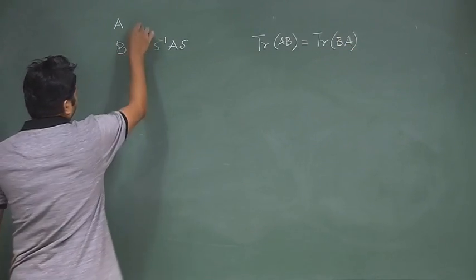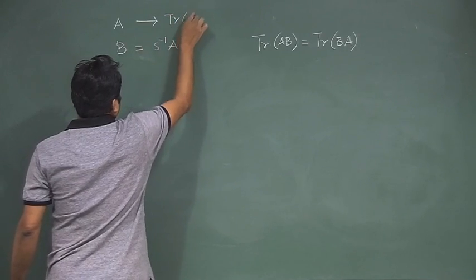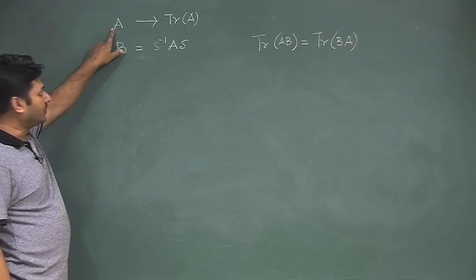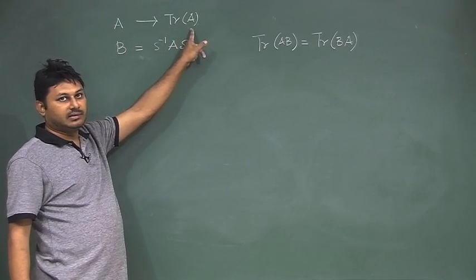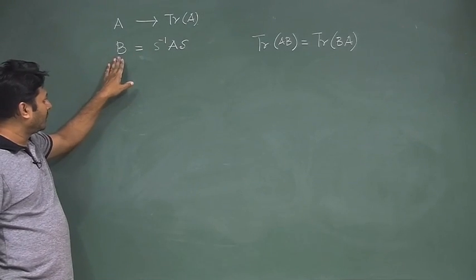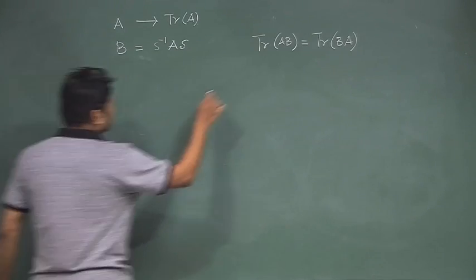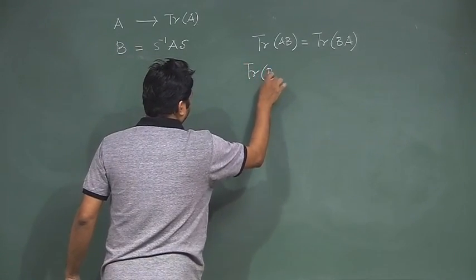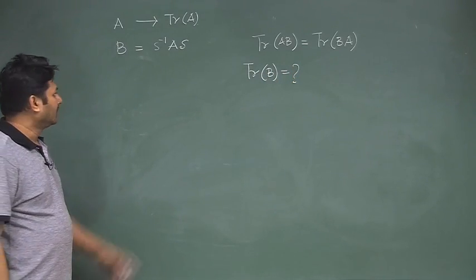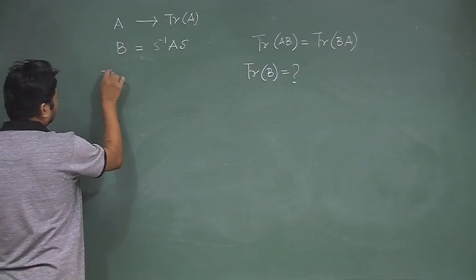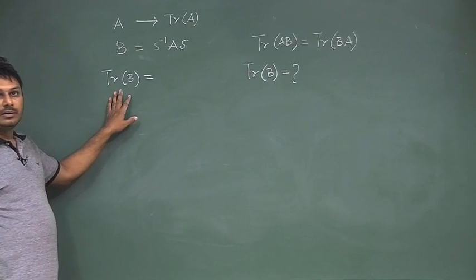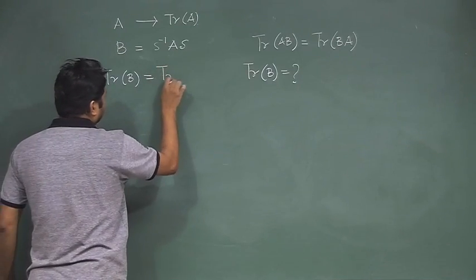So, here is trace of A. After I have a matrix A whose trace is given by this, I make a similarity transformation with this and try to find out what is the trace of B. So, my goal is to find out what is the trace of matrix B. If I do that trace operation over B, then I need to do the trace operation on both sides.